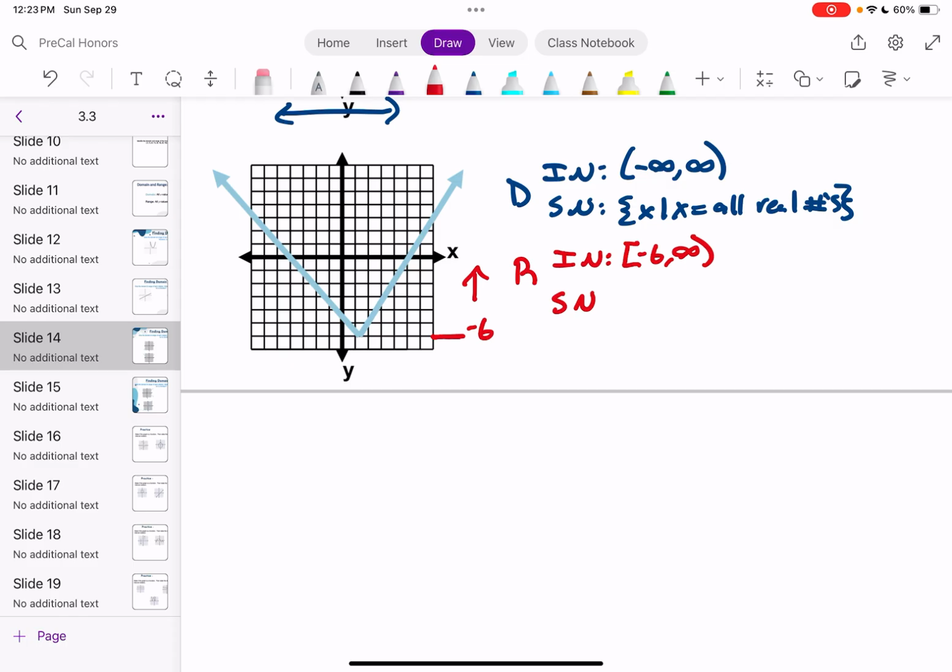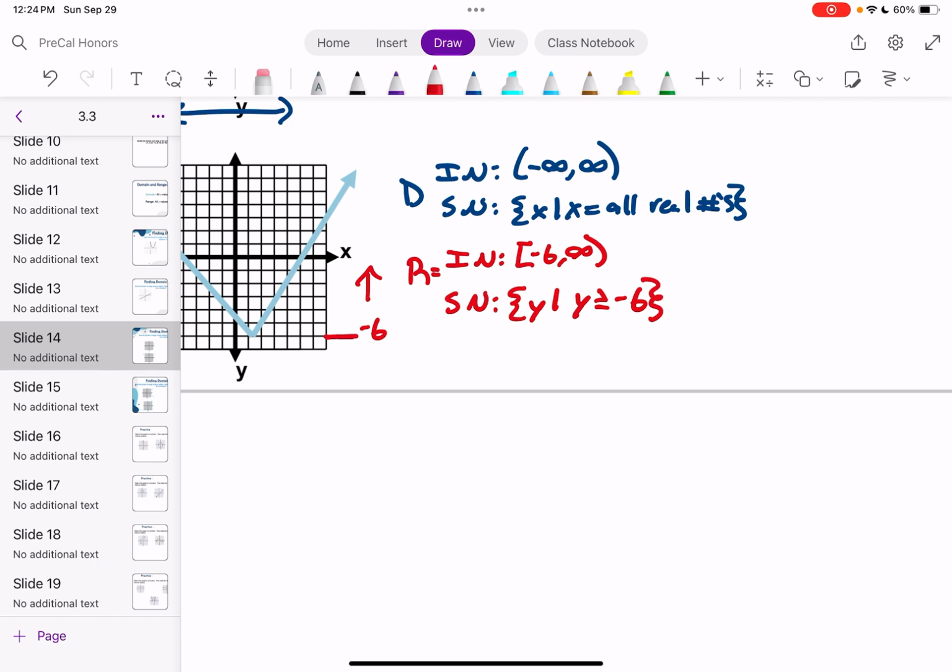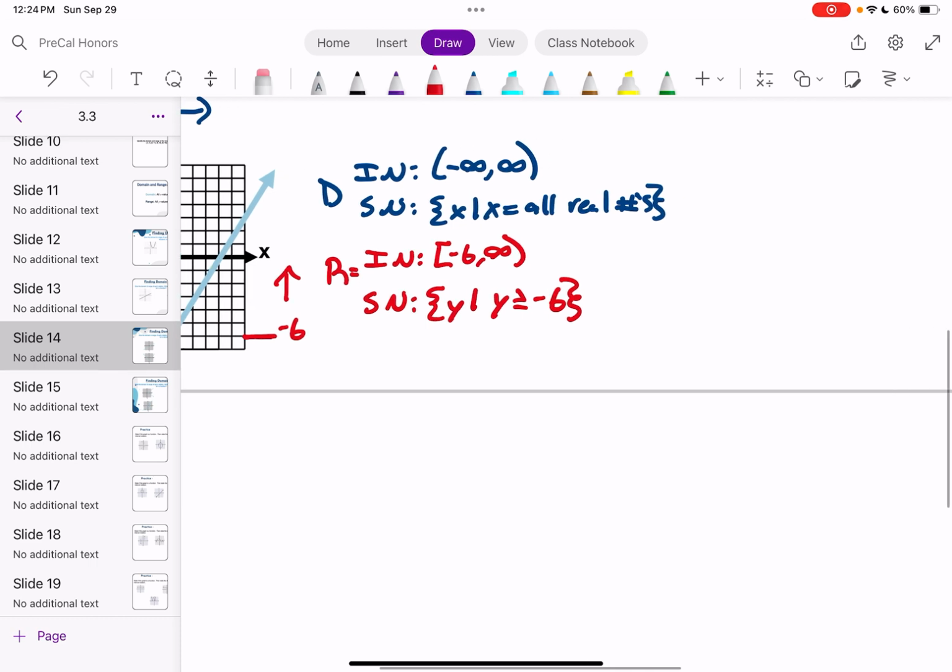Our set notation would be y such that y is greater than or equal to -6. We go ahead and determine whether or not this is a function, and in this case, yes, it is a function.